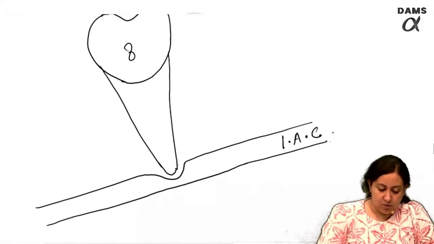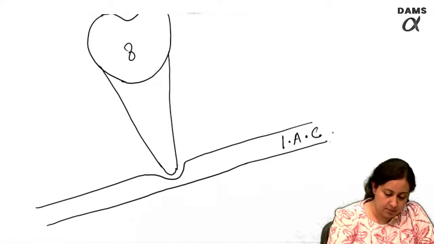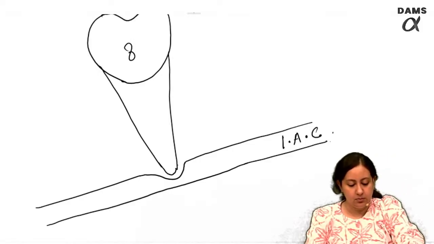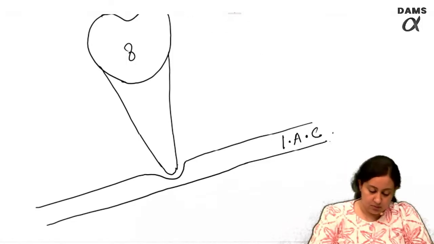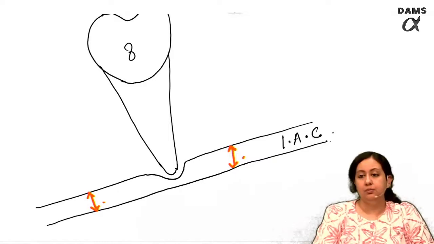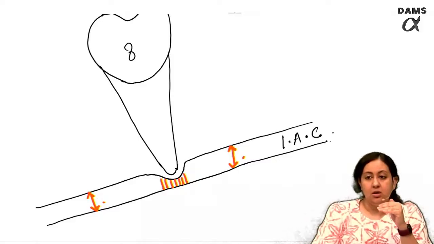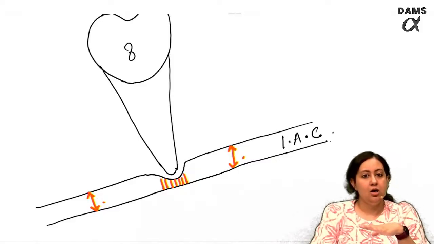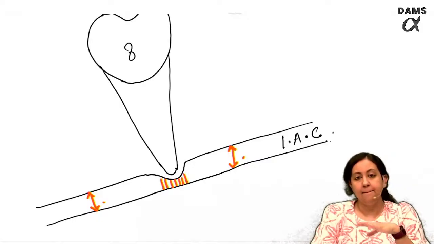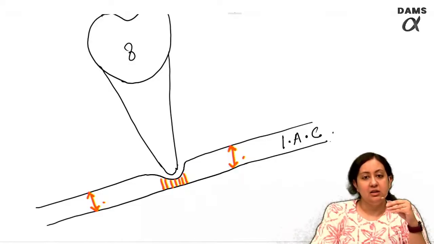Now please understand, I'll zoom out a bit. Here, the width of the canal would be normal, but near the root apex, the width of the canal would be reduced. The differentiating point is that the lower border of the nerve canal is absolutely normal. However, at the superior border, especially near the root apex, there is a dip.